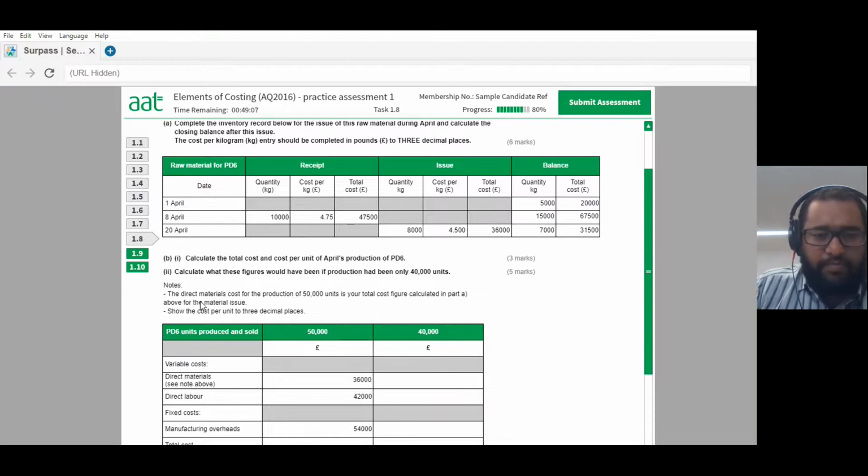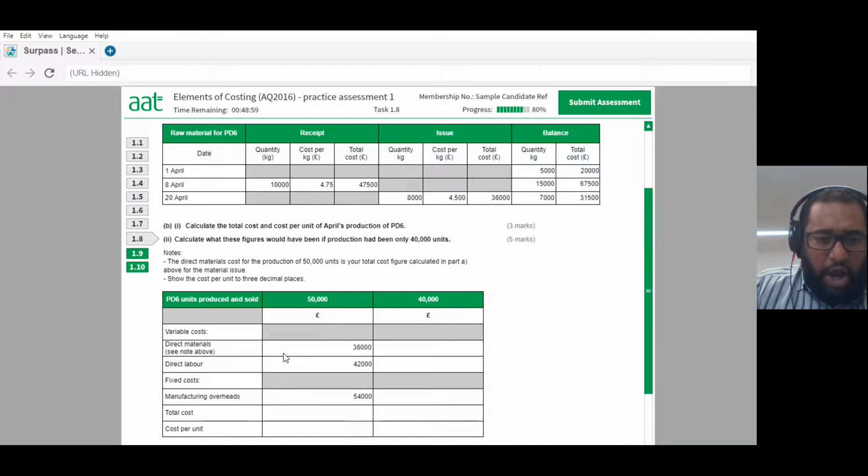Now what we need to do is calculate what figures would have been if the production had been only 40,000 units. So per unit, I'll be able to calculate this figure: 36,000, the total material cost, divided by 50,000. It tells me 72 pence per unit I'm going to be spending on materials.